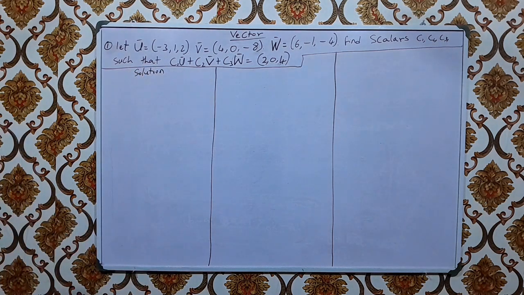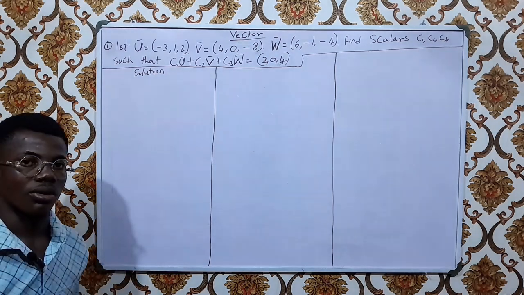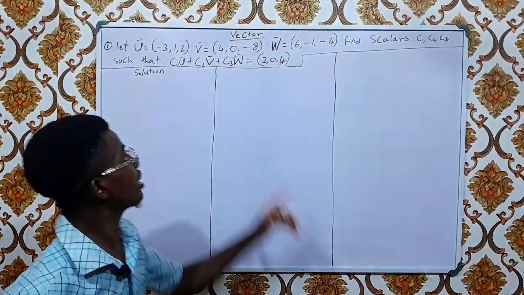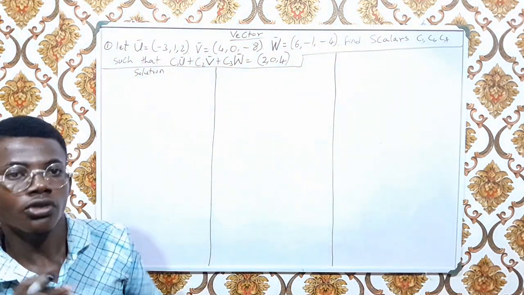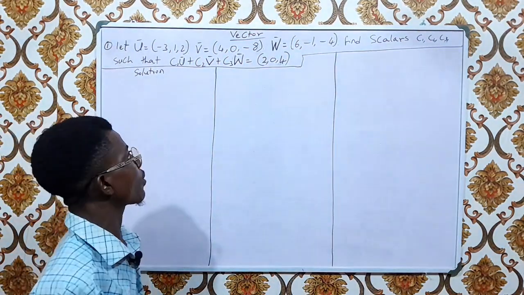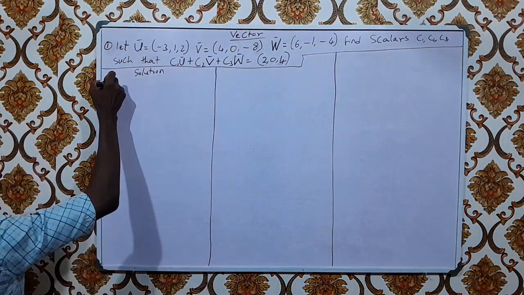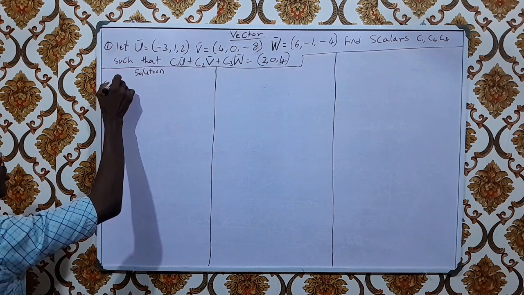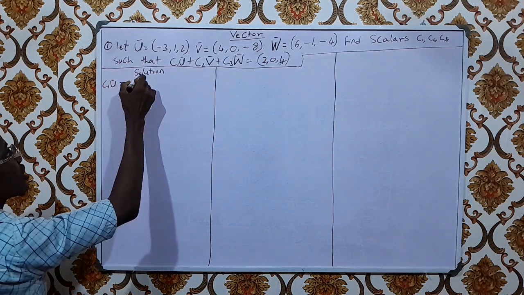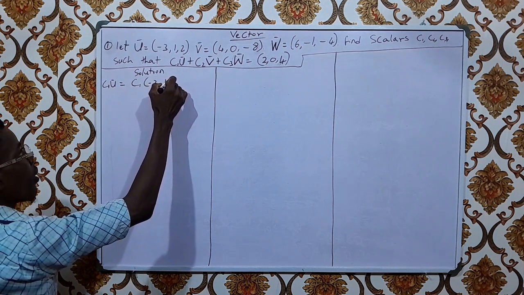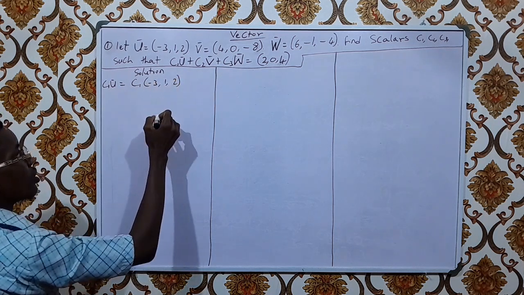From our previous class, we know what is a vector and we know what is a scalar. And this is a scalar multiplication, something times. So we have that C1 u vector is equals to C1 (-3, 1, 2).